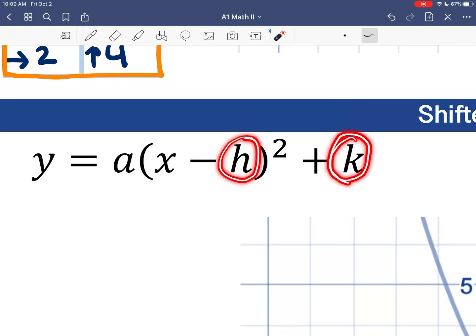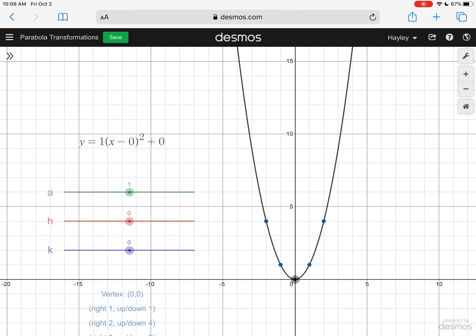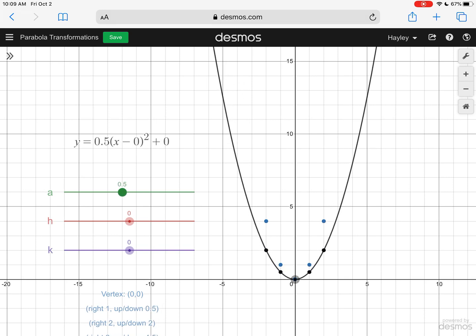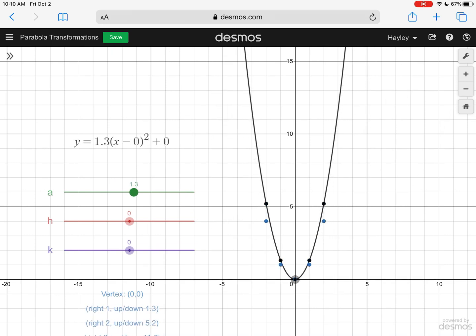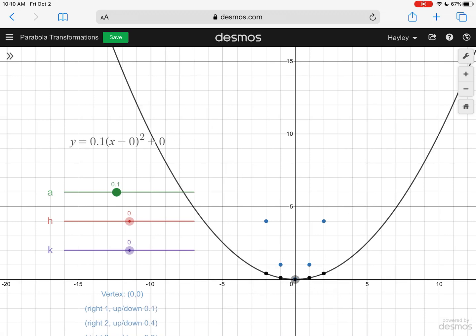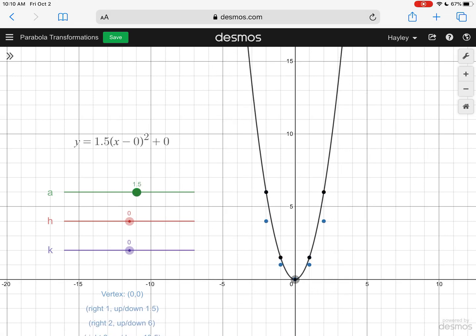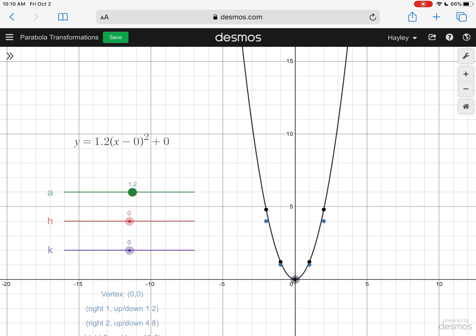And remember that h and k give us the vertex, and then this is the stretch value. So on this Desmos graph, what I'm changing here with my sliders is the a value. When I change the a value, if it gets to be less than 1, it gets squished more. And when I change it to more than 1, it gets stretched.